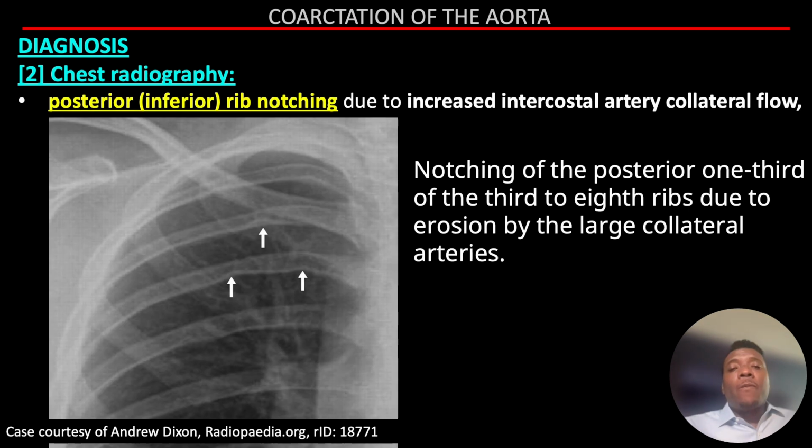The classic radiograph finding of coarctation of the aorta is a posterior and inferior rib notching. And that's where you have this inferior rib erosion due to these enlarged, dilated, and tortuous intercostal arteries as they attempt to provide collateral blood flow to the lower extremities.